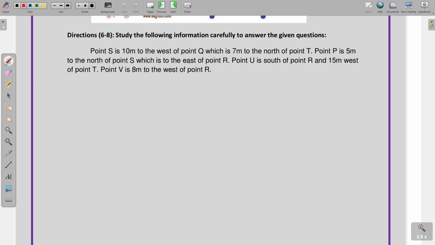Okay, so see, point S is 10 meters to the west of point Q, and point Q is 7 meters to the north of point T. Next, point P is 5 meters to the north of point S, which is to the east of point R. So point S is east of point R.